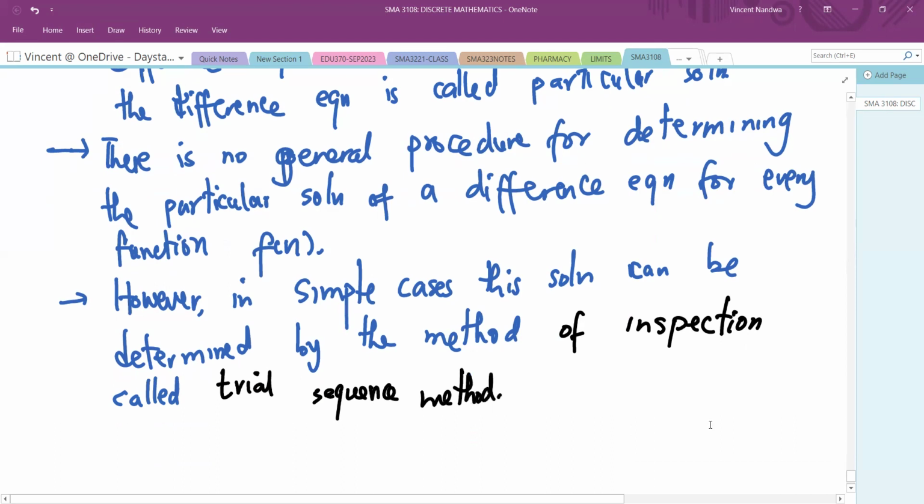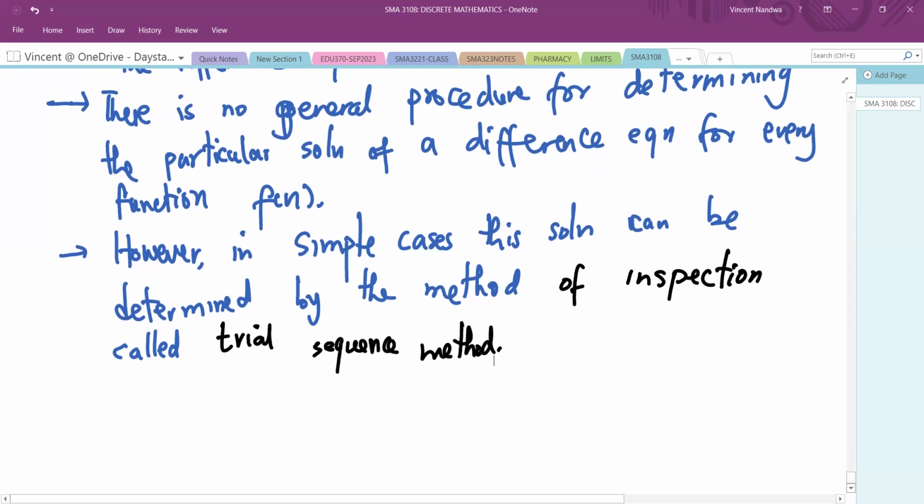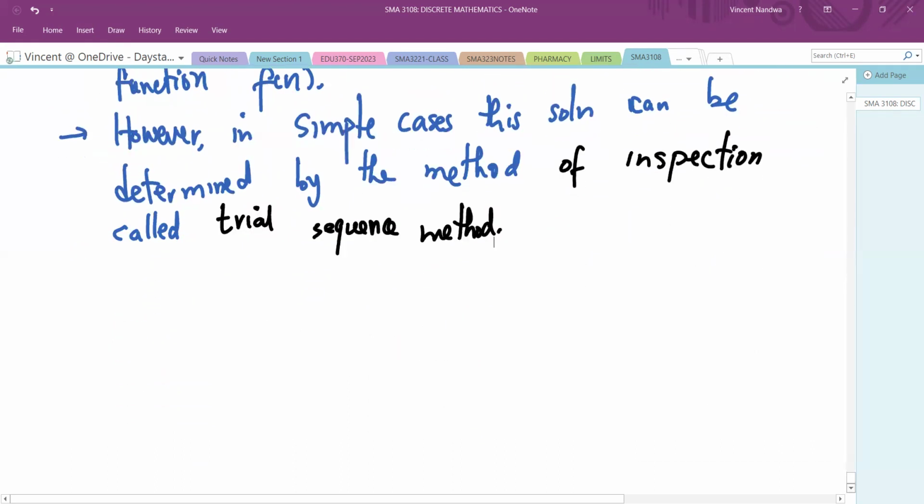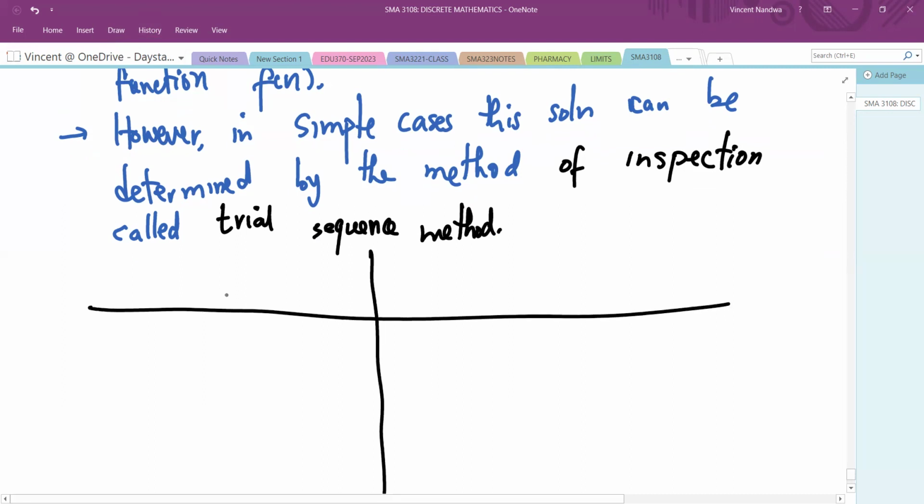So we provide a few simple cases whereby we can determine the nature of the particular solution when we have f(n). This column will be f(n), and this is the trial solution for a_n^P, that's simply the particular solution.